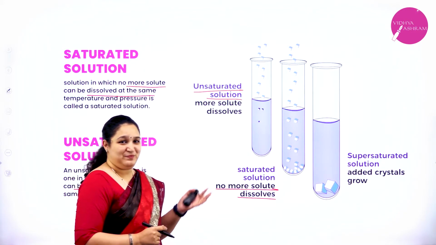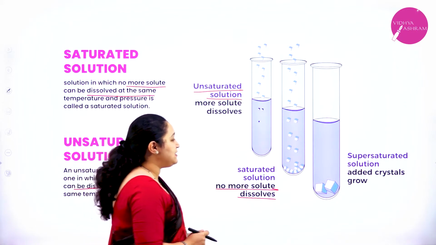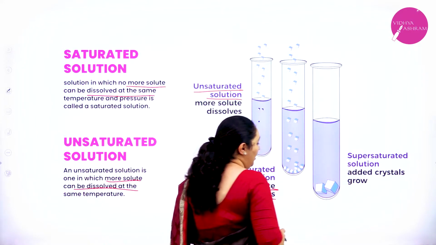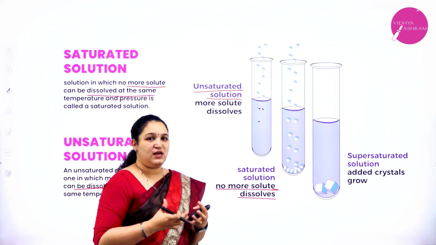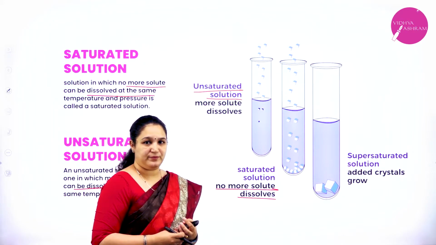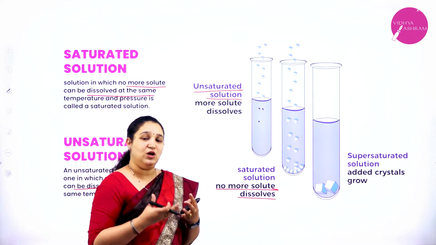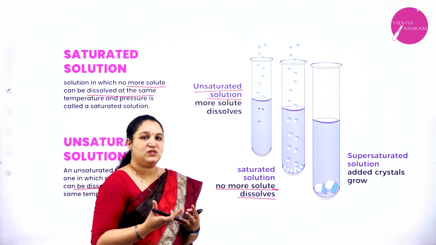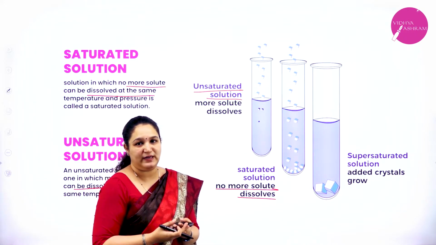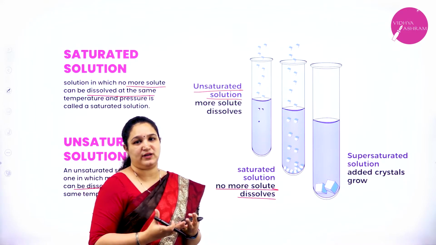Anyways, what do you mean by supersaturated solution? Now, if a solution has taken up a lot of solute at one particular temperature and pressure, it has taken more than what was supposed to be its solubility. We call it supersaturated.